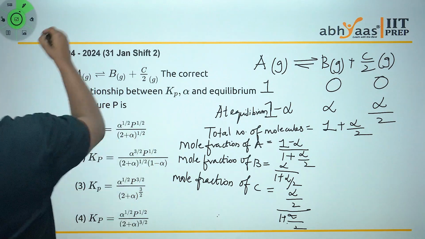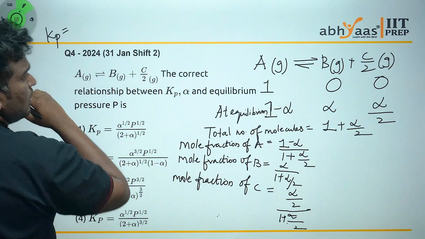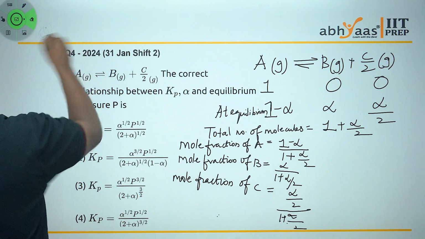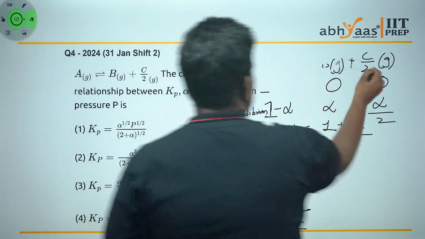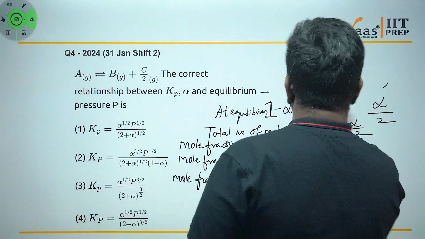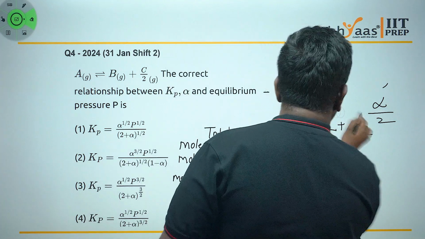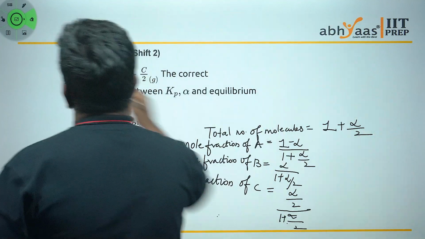B and C. I will just erase this particular part, because we need only this particular mole fraction. I hope this particular starting is clear for you. We don't need that. I will write at that place, right?